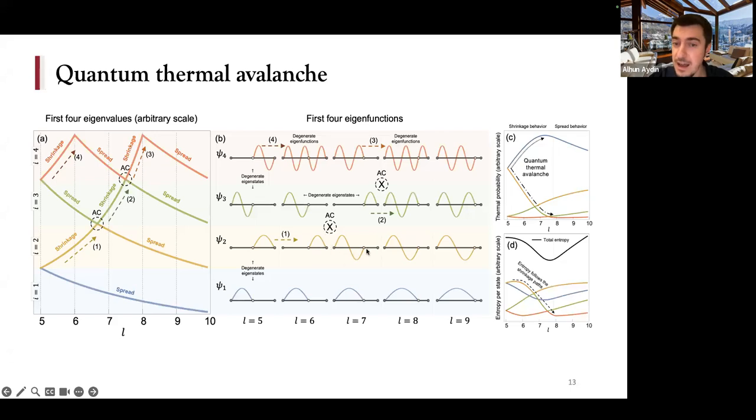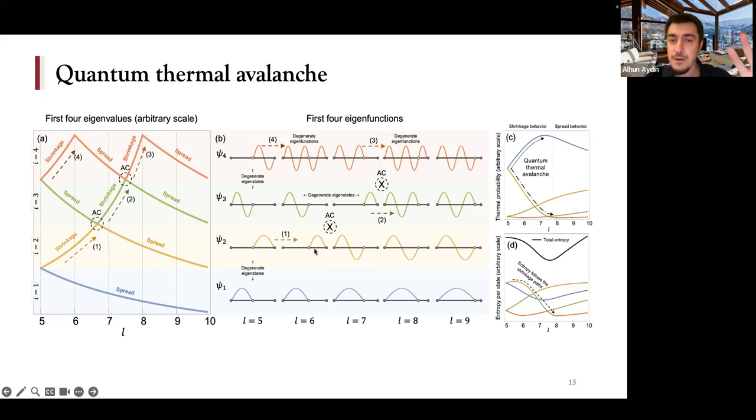It shrinks until it sees that, wait, I don't have to shrink to the right side of the domain. There is a more favorable state on the left side. The left side energy is less right now.